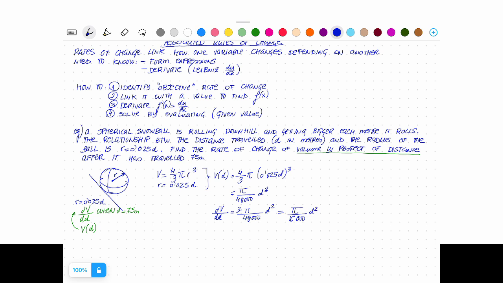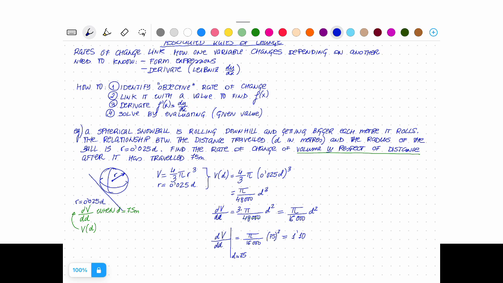Now they ask me to evaluate it when that ball has rolled 75 meters. So it's simply going, all right, which is the value when the distance is 75? Well, I'm going to chuck it in here. 75 squared. I evaluate all of that, and it gives me 1.10.